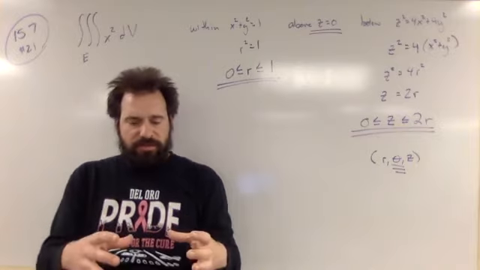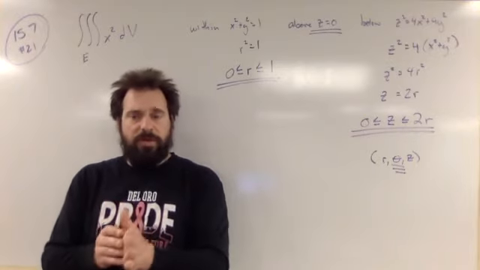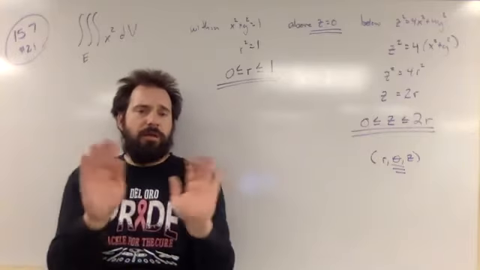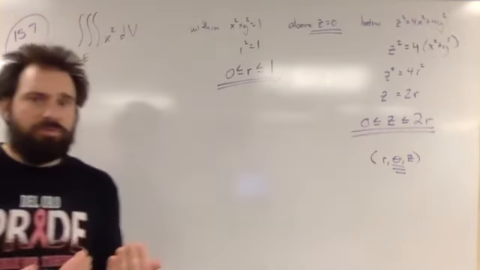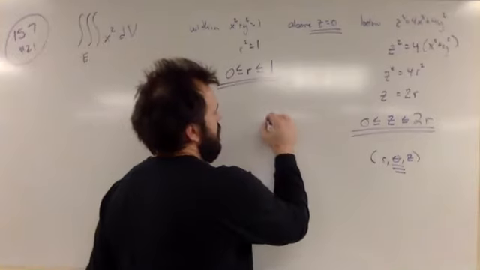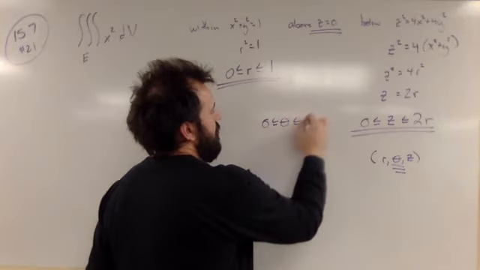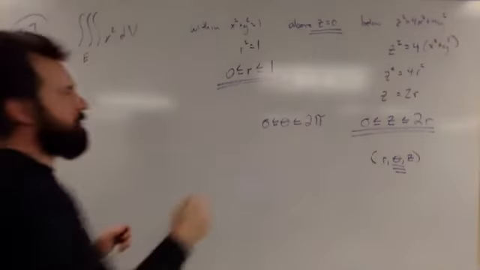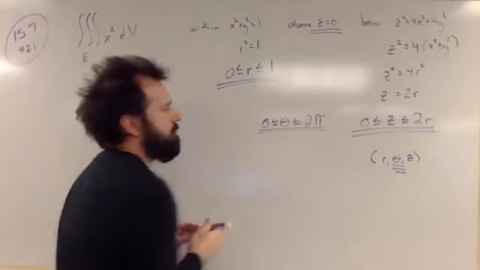To make the cylinder and the cone, my angles start from 0 and go all the way around the circle to 2 pi. That creates the whole space for me. So theta goes from 0 up to 2 pi, and those are my bounds.